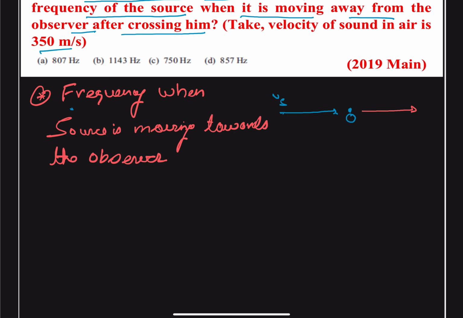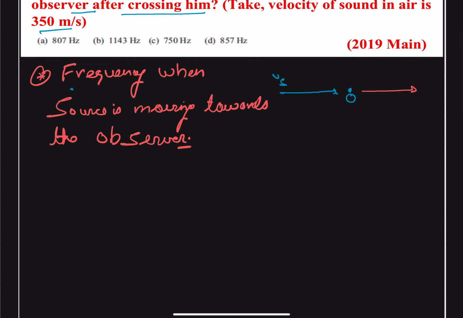In this case, it is given that the observer is stationary. So we can write the frequency when the source is moving towards the observer, f prime is equal to f (v plus v naught) divided by (v minus vs), where f prime is the apparent frequency.